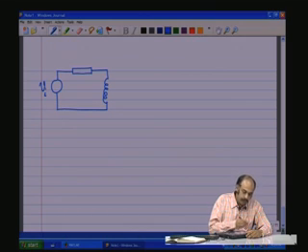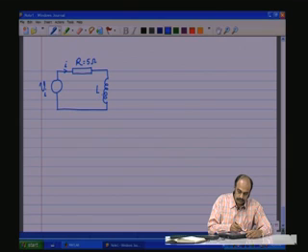There is an input source, R L. Now, let us say there is of course a current I, use an R of 5 ohms, and let us say you use inductance of 30 millihenry.